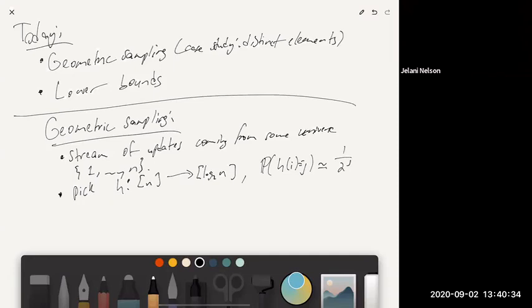Okay, so for example, one way to do this is, pick another hash function h tilde that maps the universe into itself, and pretend that n is a power of 2.